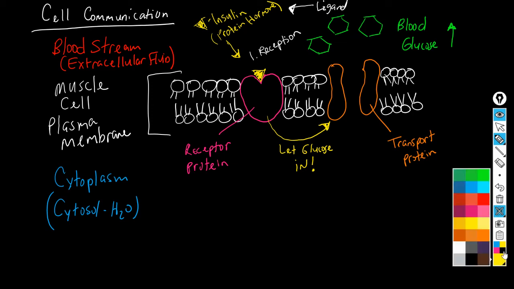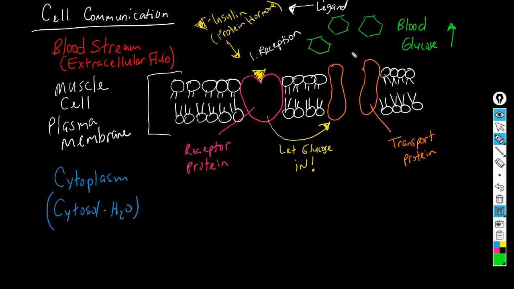You need to let glucose in. And what happens as a result of that is glucose enters the cell. And so regulation of blood glucose levels has to do with both cellular transport, but also cell communication. And just as a reminder, as a recap, we are in an animal cell, we are in a muscle cell.